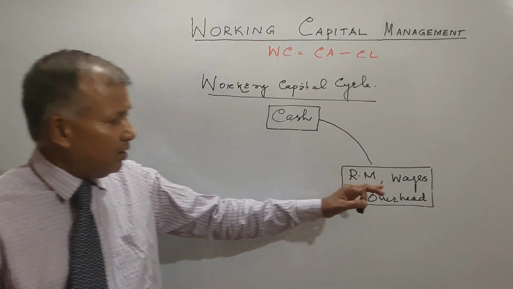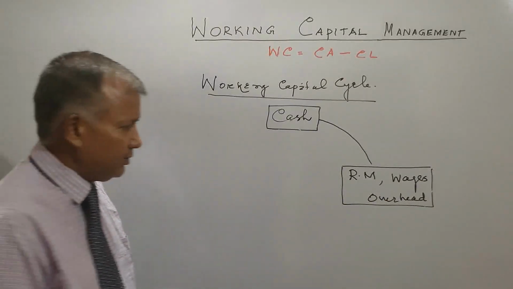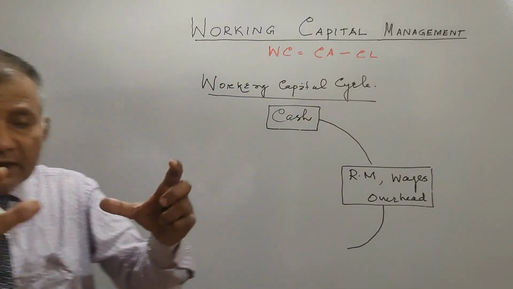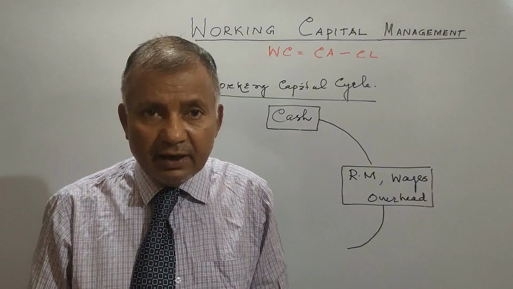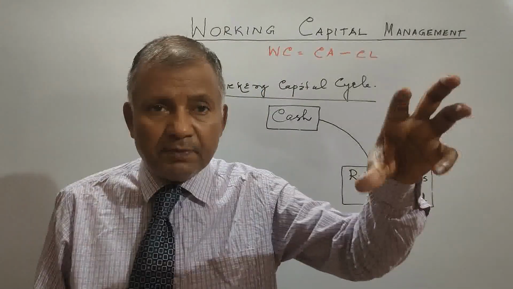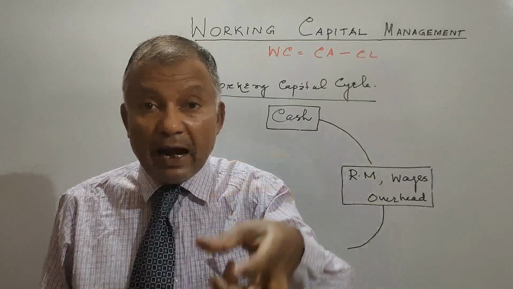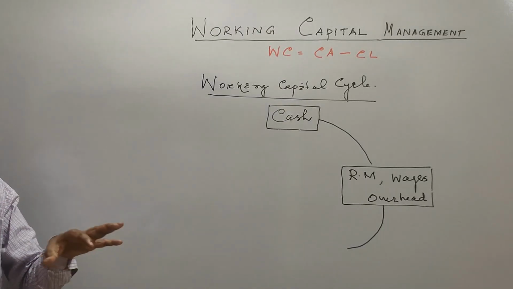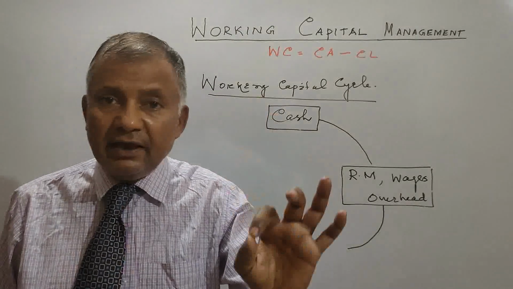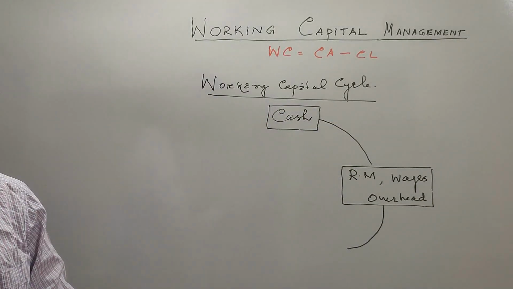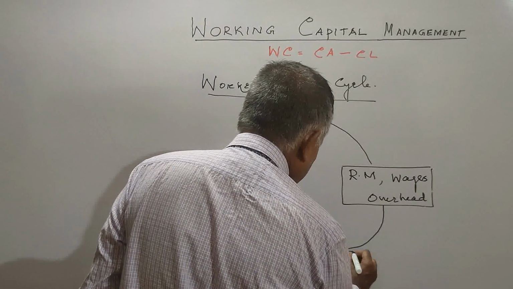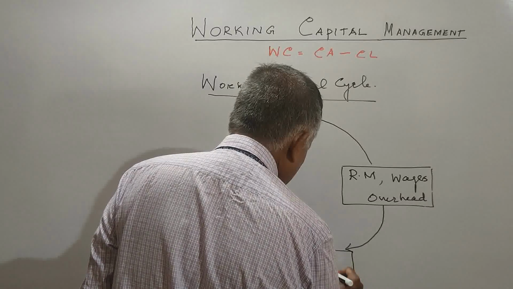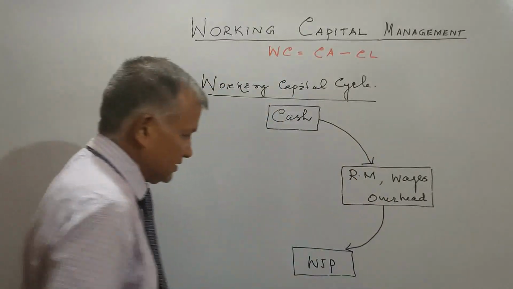So this is the cash employed in the business to generate income. Then with the raw material, wages and overhead, it starts production, and when the production is started, a part of the production goes to finished goods, and a part of the production remains unfinished. The unfinished production is called work in progress.